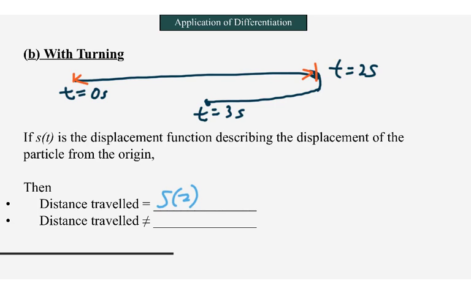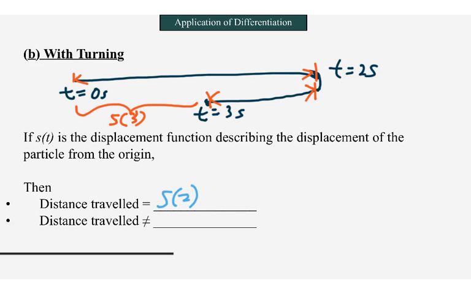The next part is we have to look for the distance traveled from this point to this point. To do this, I need to find the value from this part to this part, which is s at t equals 3, because that is the displacement of the particle at t equals 3 seconds.